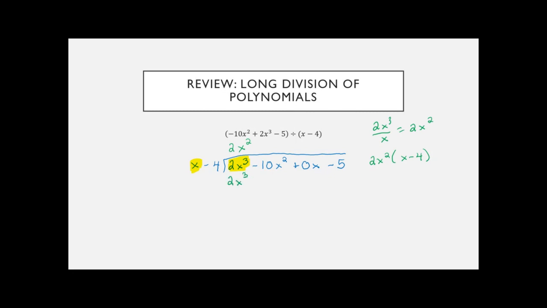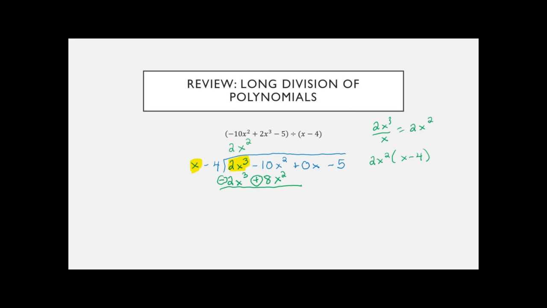Then I have 2x squared times negative 4, and that gives me a negative 8x squared. So you write that underneath, and then you draw a line, and you change all of the signs. I put circles around them to remind me that I've changed them. Everything that's positive becomes negative, and every negative becomes positive.